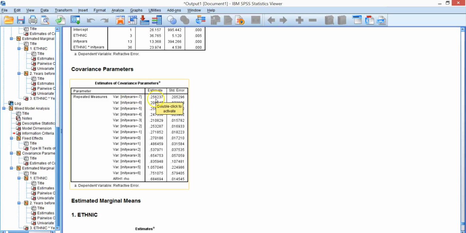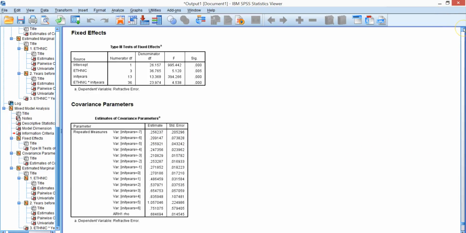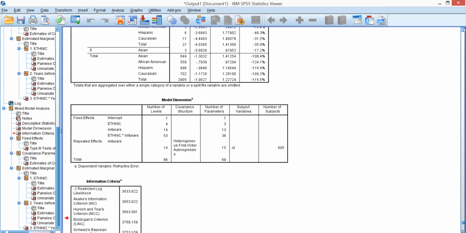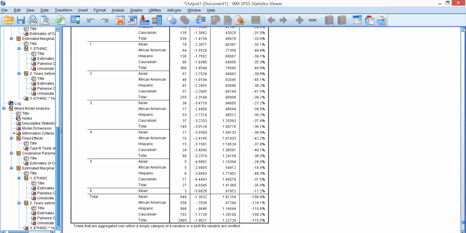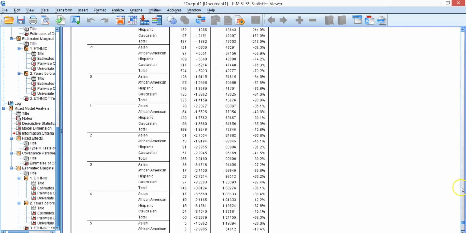They happened to be closer together. But after years of being myopic, you have a bigger problem. So we would take the square root of these and apply it differently to each year. And so those are ways of handling the different covariance matrix. And it's just trial and error to find the one that fits the best.